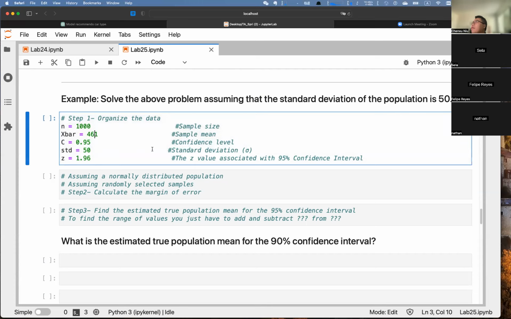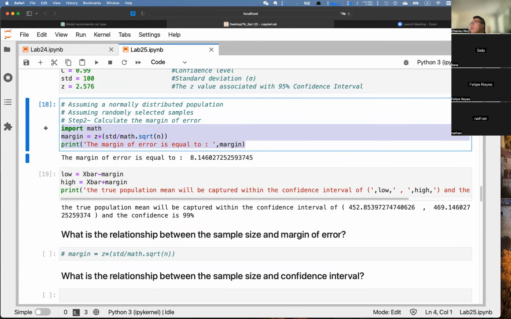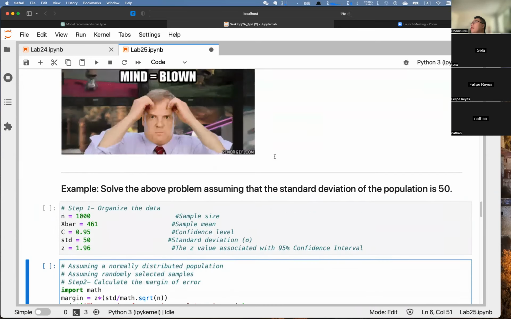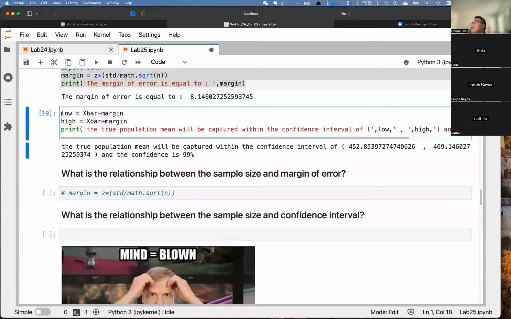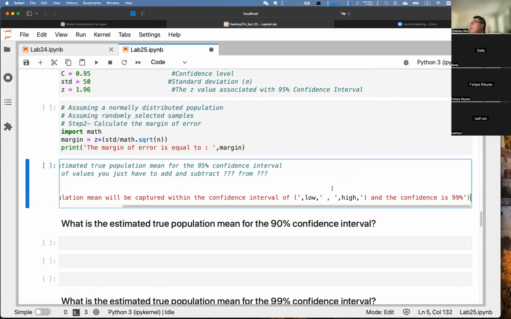Then please organize the data, compute the margin again, and set the range of error.